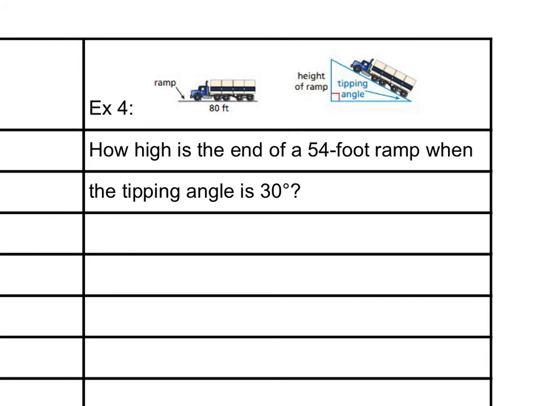So if this is a 30-degree angle, right? The height of the ramp is the shortest side. Why is there an 80 feet right here? That's silly. Oh, no, wait.